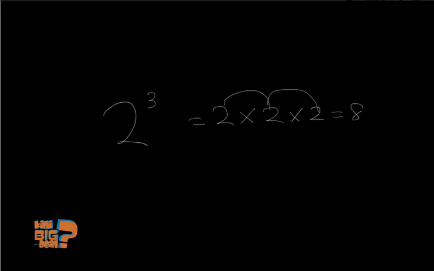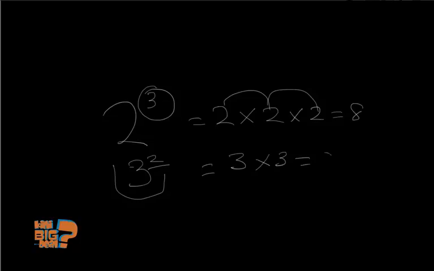It is different from converting this to 3 raised to power 2, which is multiplying 3 by itself twice: 3 times 3 equals 9.